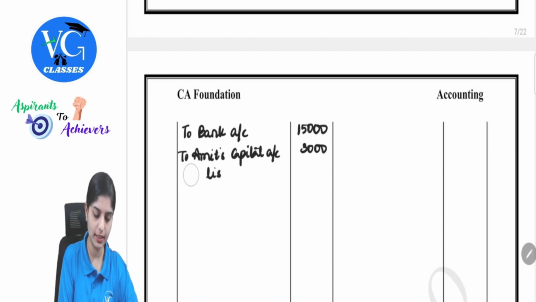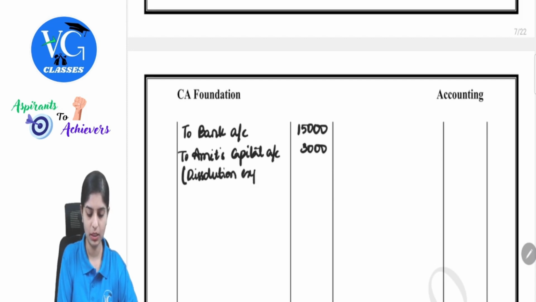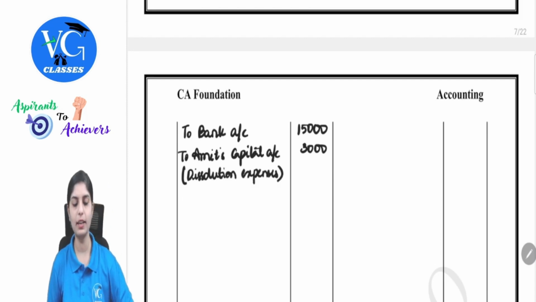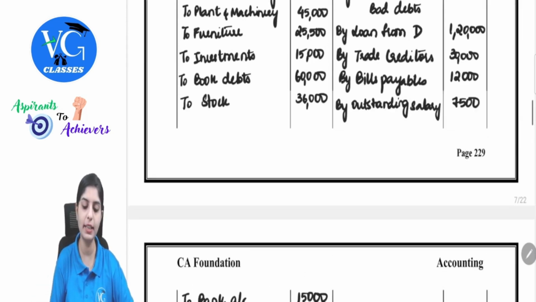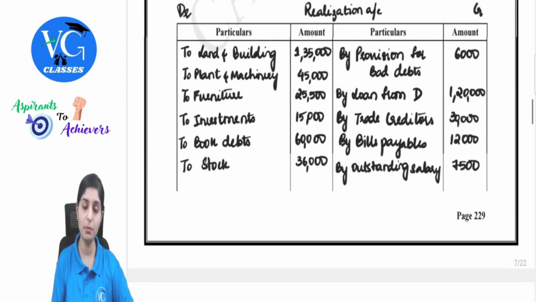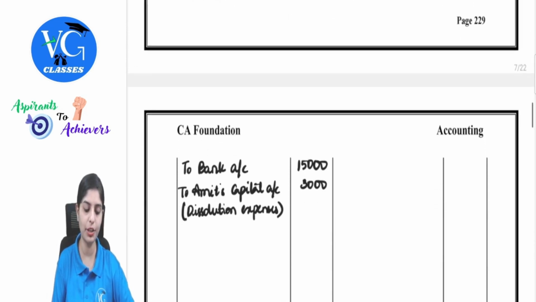We can write this as dissolution expenses. Since I have here taken Amit's capital, we will also reflect this entry simultaneously. See, if you enter it as and when together, it becomes easier since we cannot miss any point here.